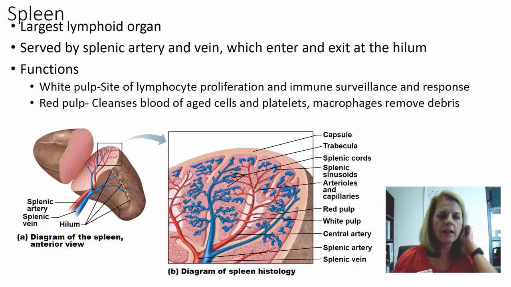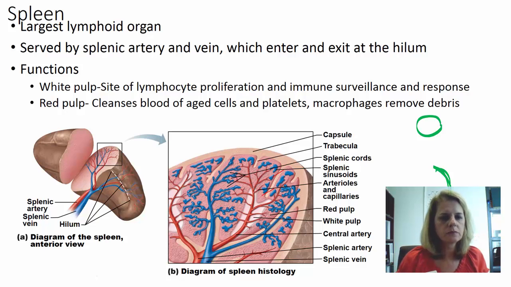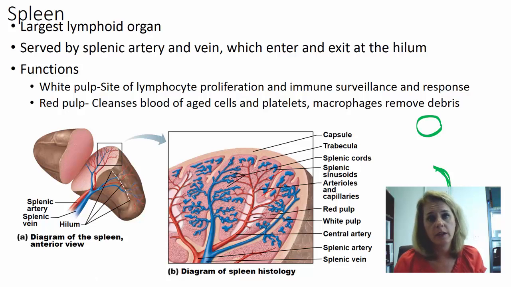All right, now the spleen is your largest lymphoid organ, and if you think about the body, it's that little comma-shaped organ that's toward the back left side. And it has a really good blood supply. So a punctured spleen can be really dangerous because there's a lot of blood in a spleen.